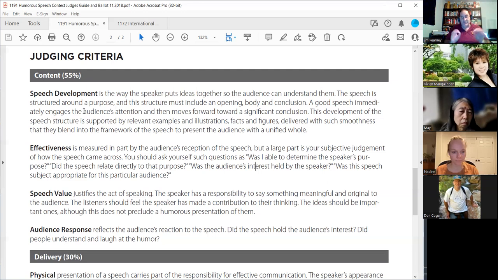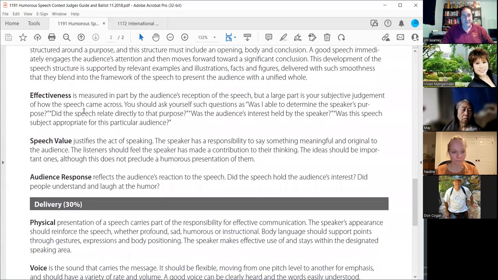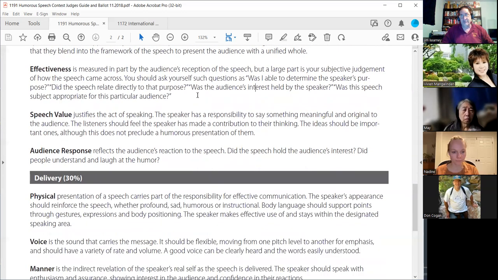Because all speeches have a purpose. When you write that speech, there is a purpose behind it. The effectiveness that the judges are looking for is measured in part by the audience's reception of the speech. Now, the judge can't talk too much to the other audience members, right? So how does the judge themselves receive that speech?